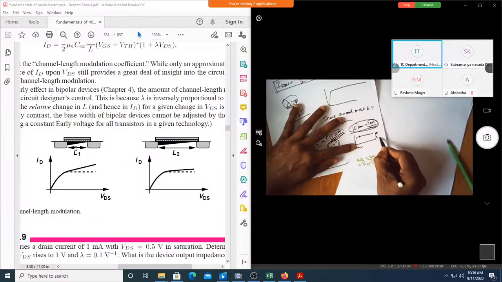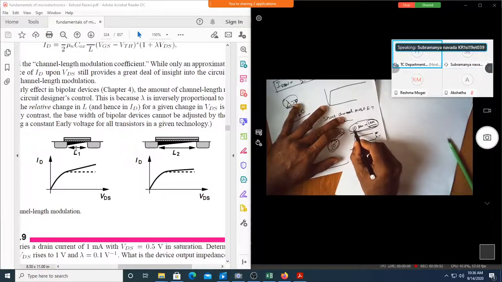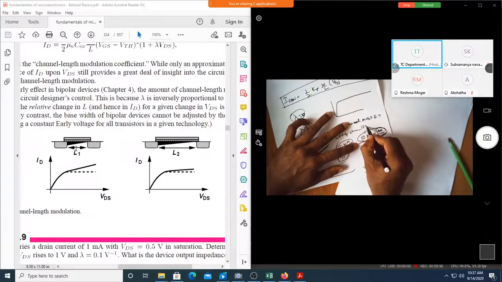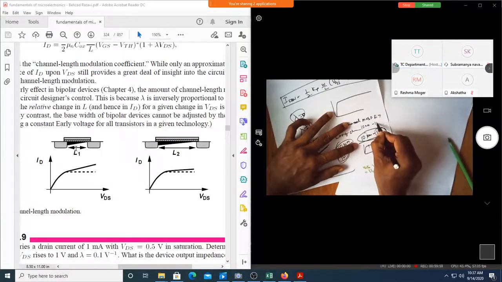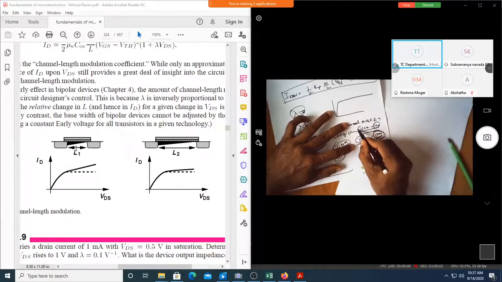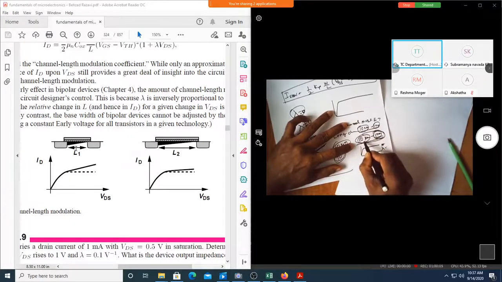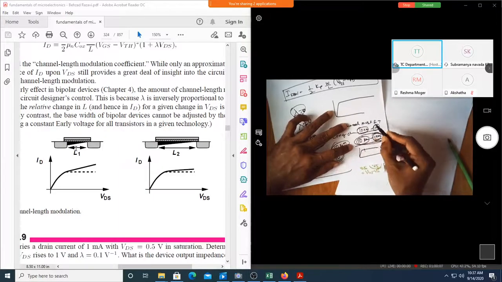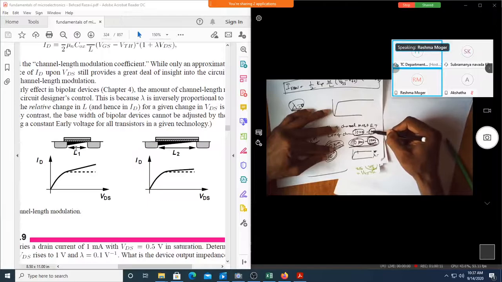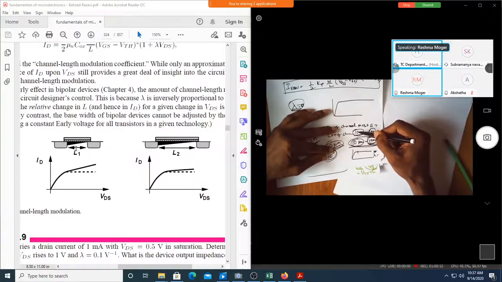So the channel length modulation is very minimal. Consider the same thing with 10 nanometer minus 1 nanometer. The variation is still 1 nanometer, but look at the overall length. Earlier it was 10 micrometer, now it has become 10 nanometer. So 1 nanometer is very significant, almost 10% of 10 nanometer.